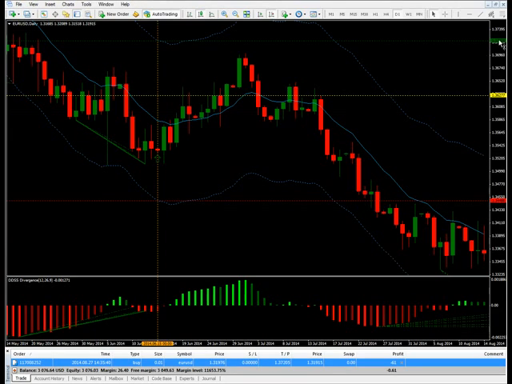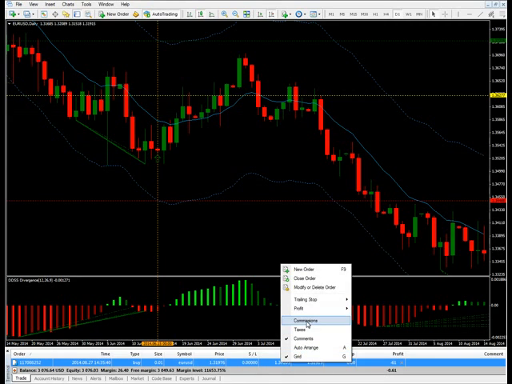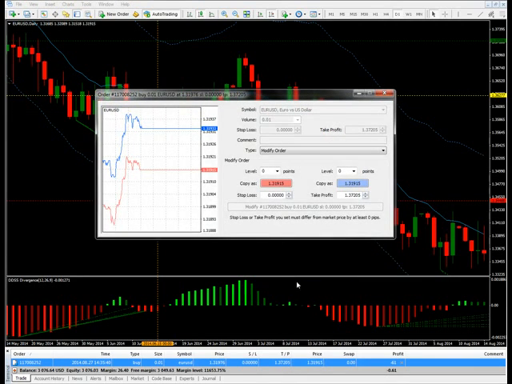So our take profit level is 1.37205. And if I right click and modify the order, this will be 0. But as you can see, I've already set the take profit to 1.37205. The stop loss I'm going to leave at 0.